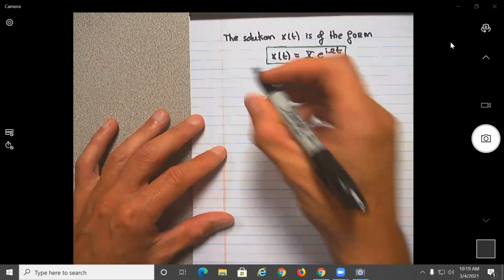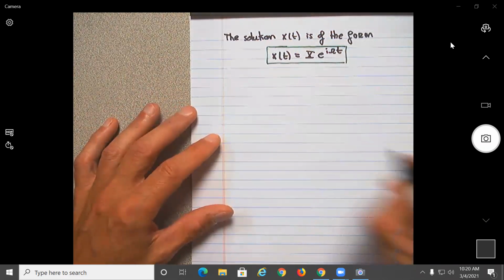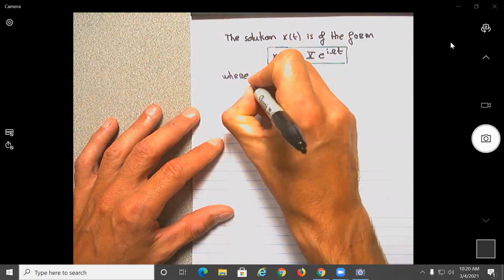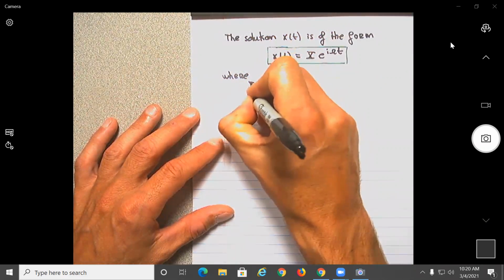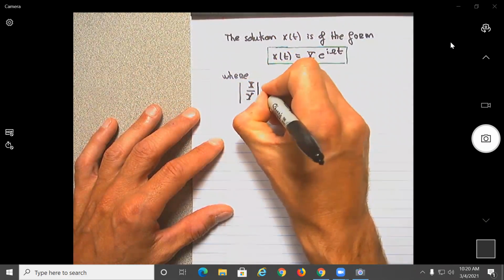So the expression where we're going to have x over y was equal to what?